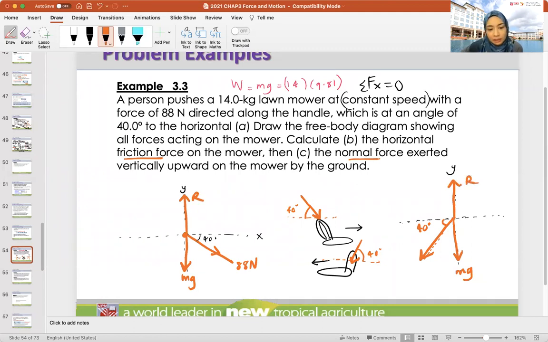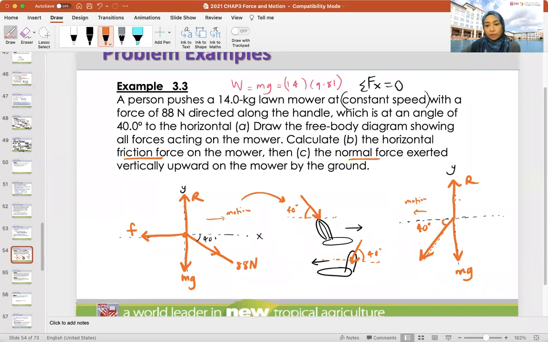And for this one, if it's pushing this way, this is the motion, right? This is what our free body diagram is referring to. Therefore, the friction would oppose the motion. For this one, the motion is to the left, this way. I'm just making a small note here.